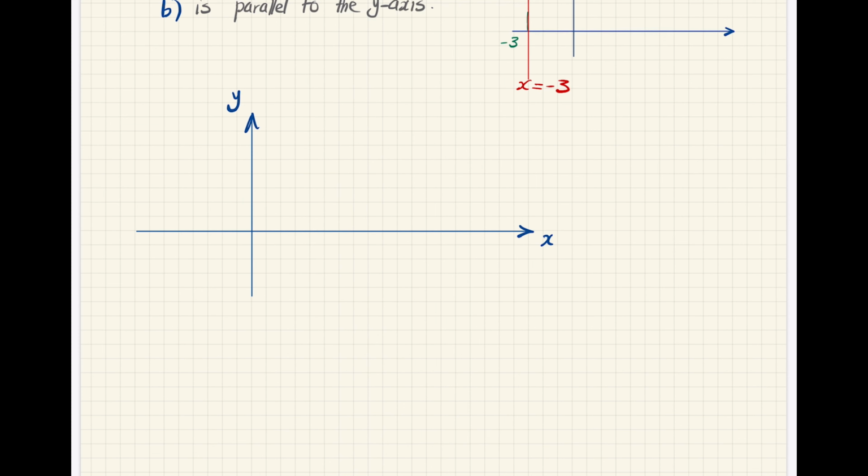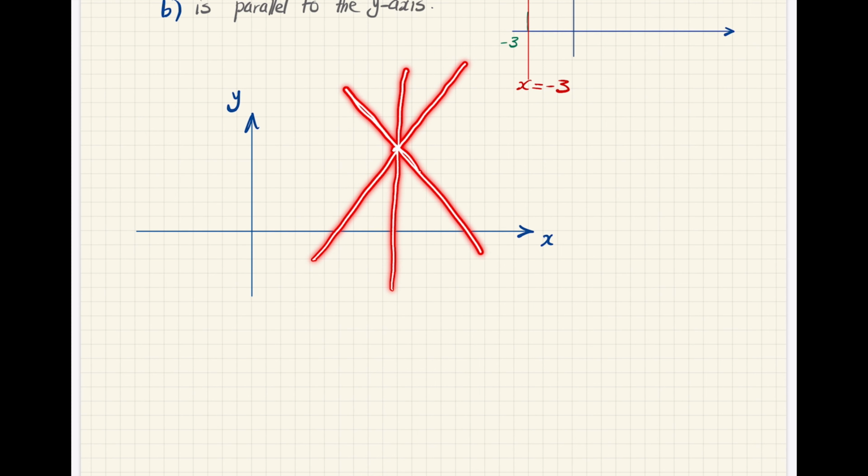Another degree of freedom is rotation. For example, here I can have a line, but I can rotate it a little bit. Still it's passing through the same point, but this is a new line. I can rotate it a little bit more. You see, I am rotating the lines. So I have another degree of freedom here.